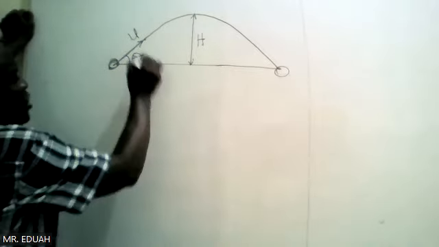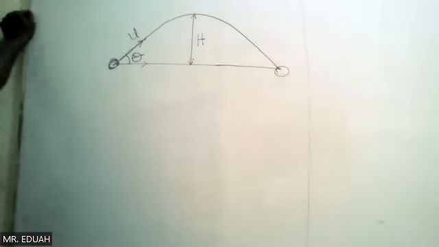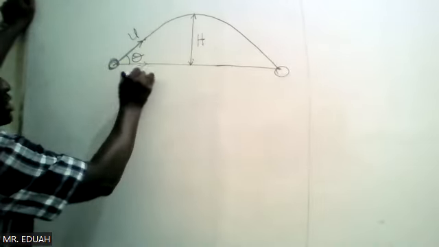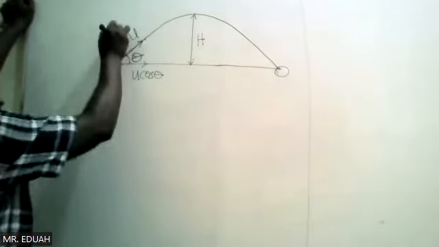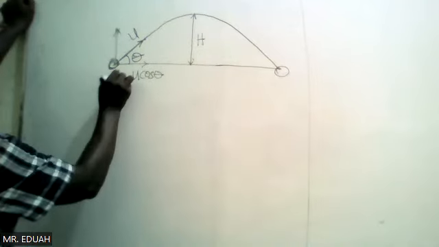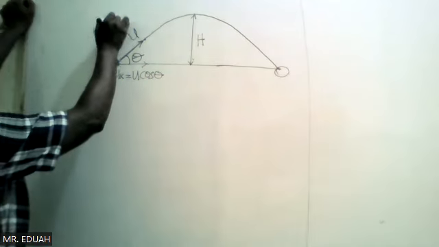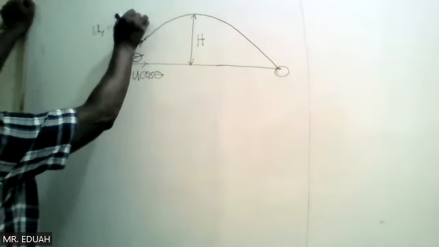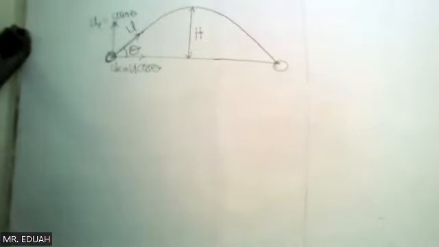Now, because it is shot at an angle, its initial horizontal component is ux, equal to u cos theta, and its initial vertical component is uy, equal to u sine theta.